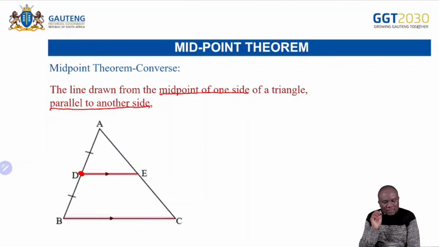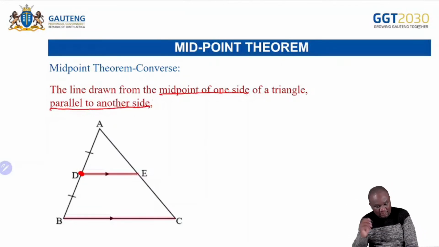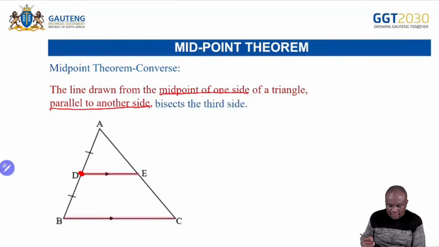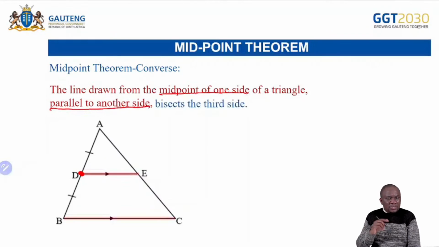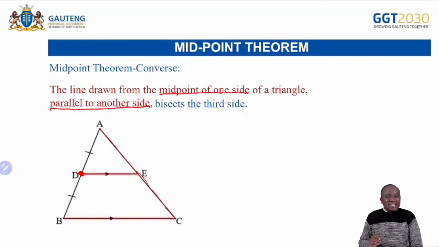The line drawn from the midpoint of one side of the triangle parallel to another side. What does that line do? It bisects the third side. Which third side are we referring to here? The side AC.